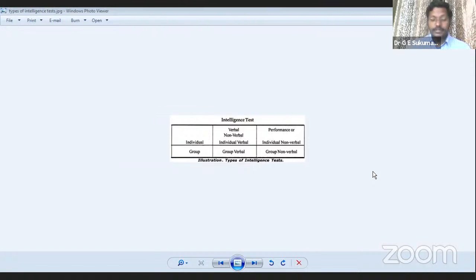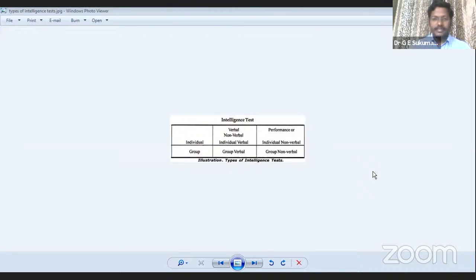Army General Classification test is also one of the group tests. As you know, when people go for Army selections, they make them sit as a group and administer this test at one time. Then they come up with the scores, interpret the results, and ascertain who will fit into particular Army jobs.